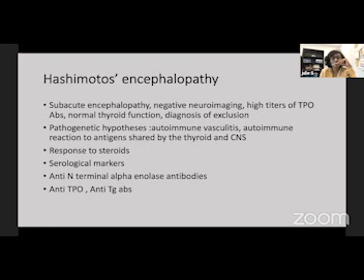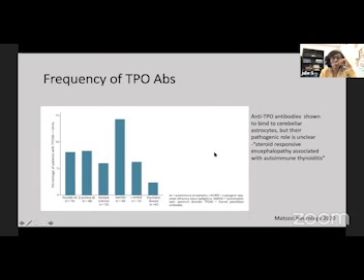So again, there's a lot of disagreement between endocrinologists and neurologists about this disease. One of the reasons is the frequency of antiperoxidase antibodies in these populations of neurologic disorders, as you can see, they all have a high frequency of peroxidase antibodies. These are possible autoimmune encephalopathy. These are enolase positive encephalopathy.